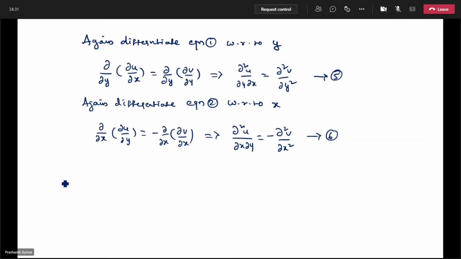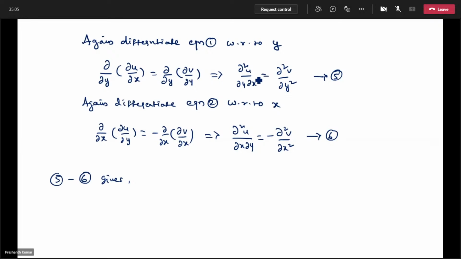Next, we do 5 minus 6. Subtract equation 6 from 5. This gives dou square u by dou y dou x minus dou square u by dou x dou y, which is 0, is equal to dou square v by dou y square, and minus of minus is plus, dou square v by dou x square.